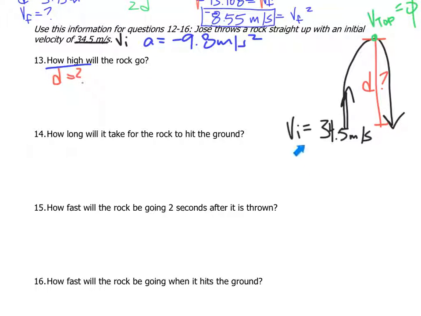So if I'm starting down here and I want to know the height, which is at this position, my initial velocity is down here. This velocity that I know is 0 is my final velocity. Okay? So final velocity is 0. We've identified acceleration, initial velocity, and we're solving for distance. So VI, VF, A, and D gives me the equation A equals VF squared minus VI squared divided by 2 times D.